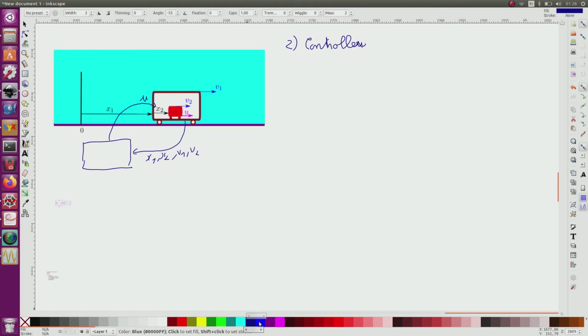And what I want is that the whole system, with the control, of course, inside the controller, which is inside the car, goes right.